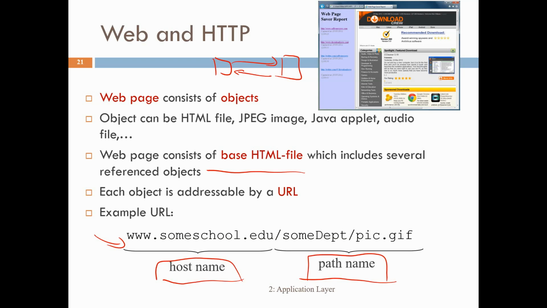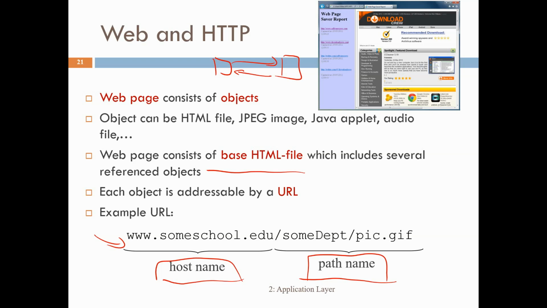Okay? So what you do when you want to download a web page, the first URL that you send to the server is the URL of the HTML file, meaning that you will request from the server first the HTML file. You will receive the HTML file and then you will parse it. And when you parse the HTML file, you will find actually the references to all the other objects. You will find the URLs to all the other objects.